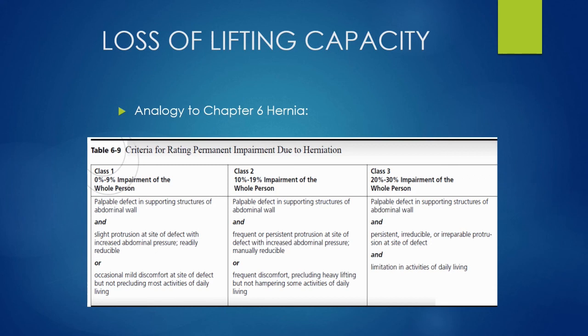5 pounds or no lifting greater than 10 pounds, that represents a significant loss of lifting capacity due to lateral epicondylitis. If that's true, if that's documented, and if the examinee has a bona fide loss of lifting capacity, you can analogize to Chapter 6 hernia and provide for a Class 2 impairment due to frequent elbow discomfort, which precludes heavy lifting but does not hamper some activities of daily living.